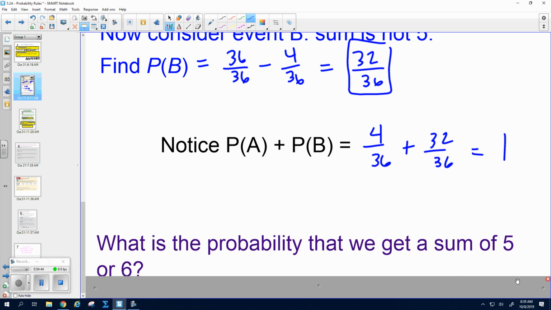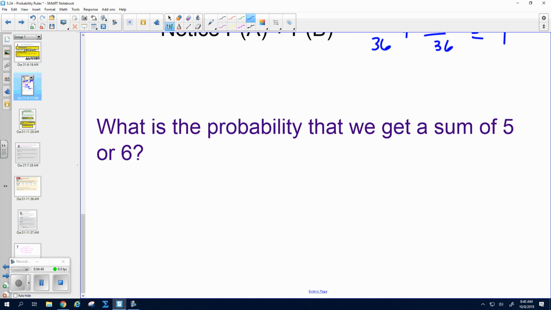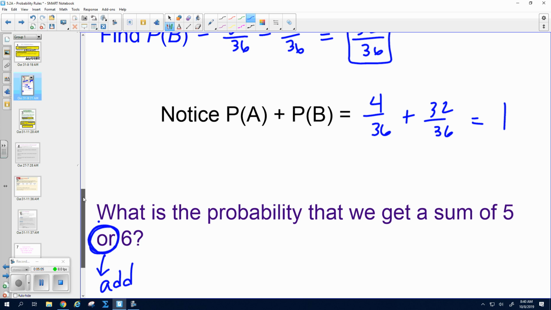What is the probability that we get a sum of 5 or 6? So in probability talk, usually or means we do what? We add our probabilities together, okay? What is the probability that we get a sum of 5 or 6? Well, what's the probability of getting a sum of 5?